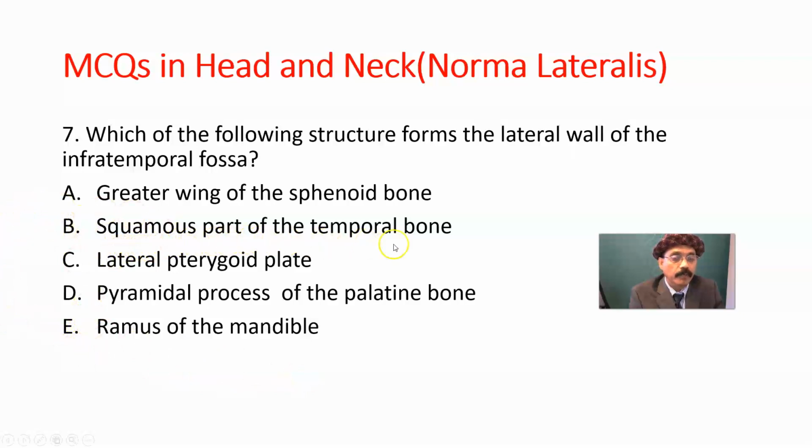B. Squamous part of the temporal bone. C. Lateral pterygoid plate. D. Pyramidal process of the palatine bone. E. Ramus of the mandible. Lateral wall, what is the structure? The ramus of the mandible forms the lateral wall of the infratemporal fossa.